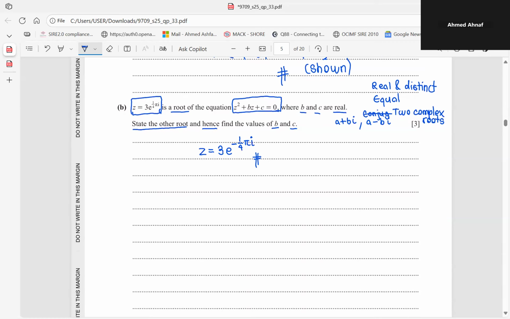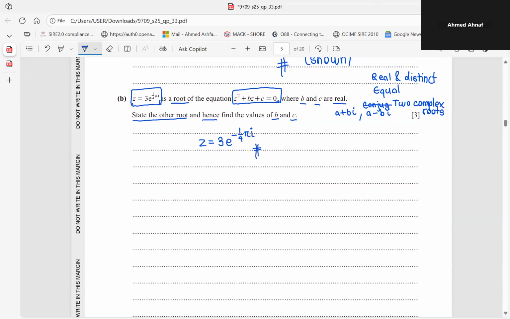Okay, so first of all, let's express these in terms of factors, making the left-hand side 0.